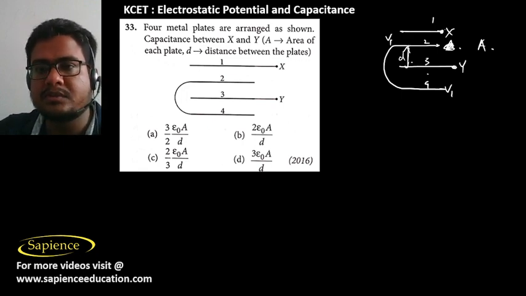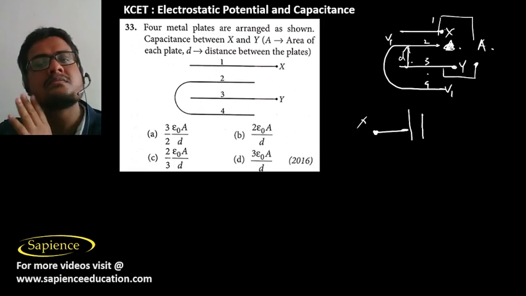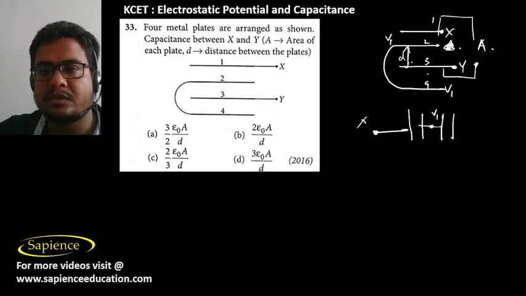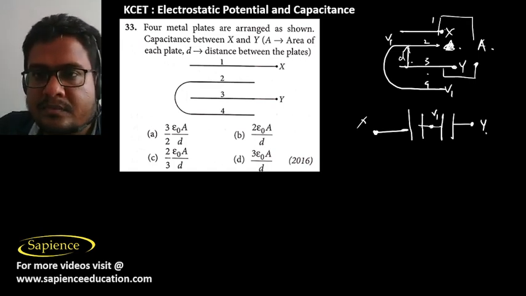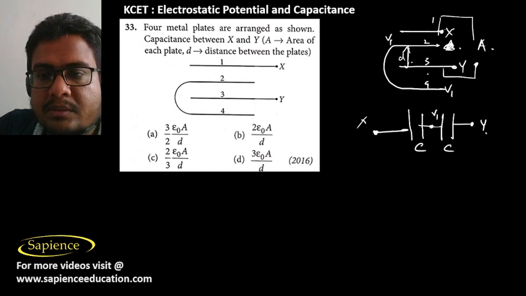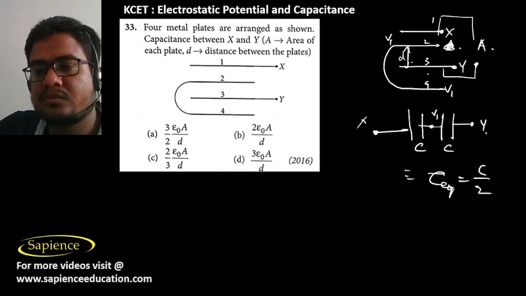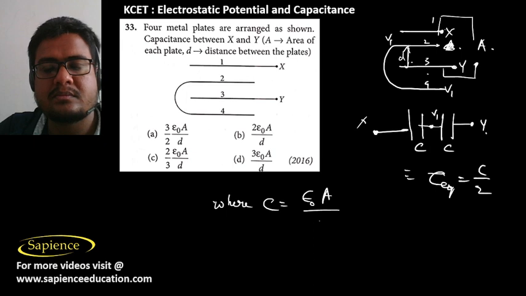You have to find the capacitance across X and Y. Here the capacitance is C, and these two are connected in series, so the equivalent capacitance is C by 2, where C is equal to epsilon naught A by D.